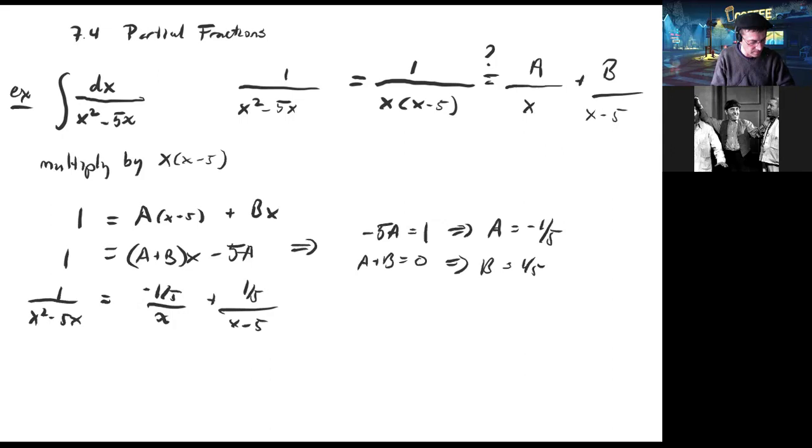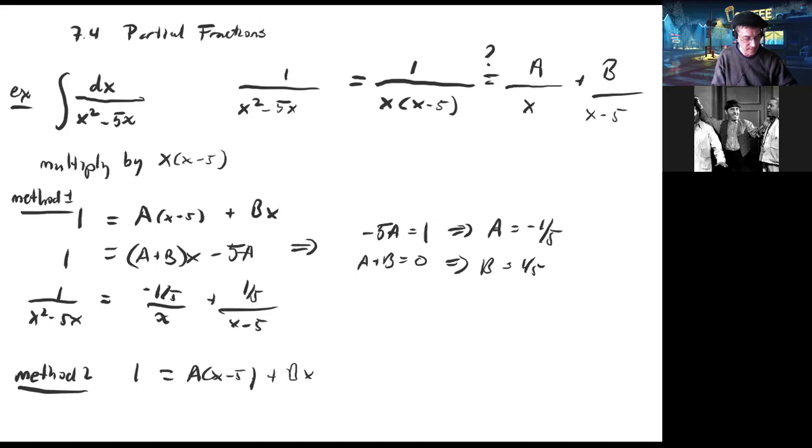So this would be like method 1, but there's also method 2, which I think you should know, and it's usually easier to implement. We go back to the equation 1 equals a times x minus 5 plus b times x, and then we stick in some test values of x.